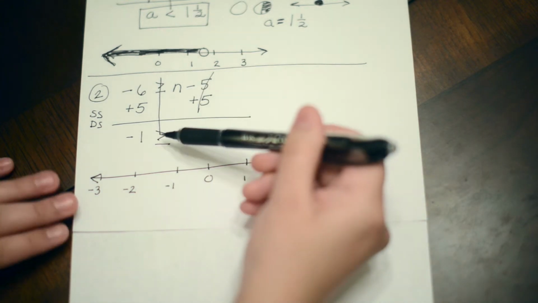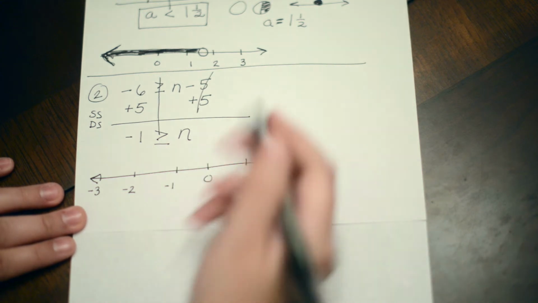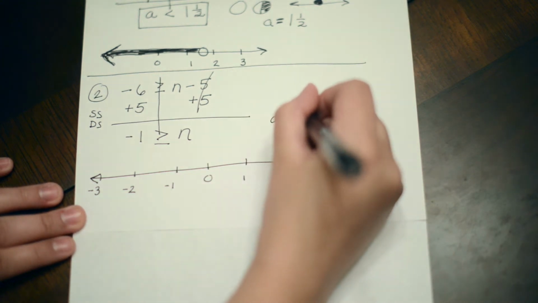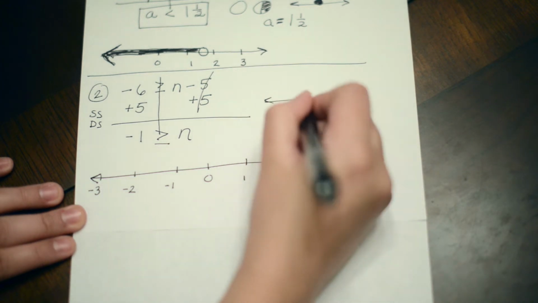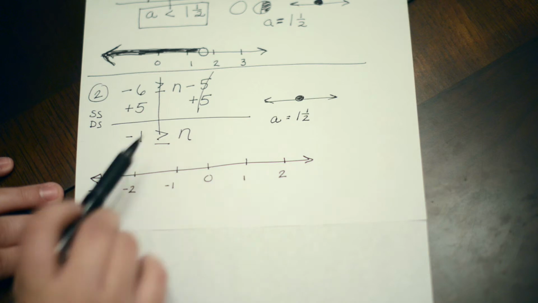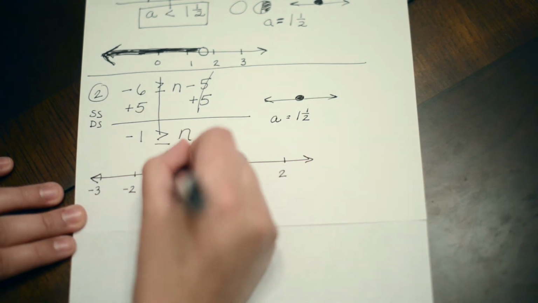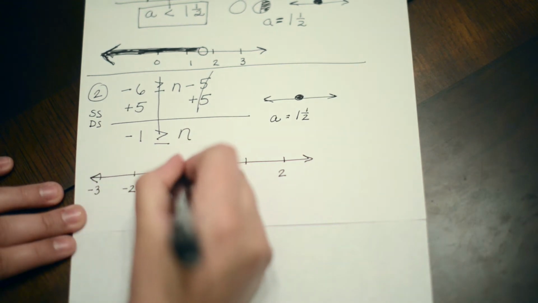Now you have your inequality as greater than or equal to. Well, remember when it was equal to, for example, A equals 1 and 1/2, we said to color the circle in. Since you have an equal sign here, you're also going to color in the circle. Since your solution is -1, you're going to go ahead and color in your circle.